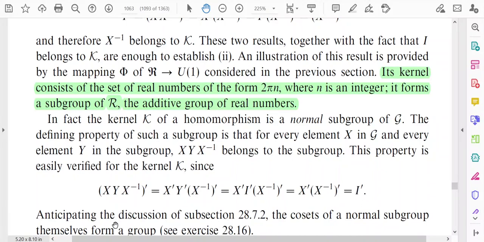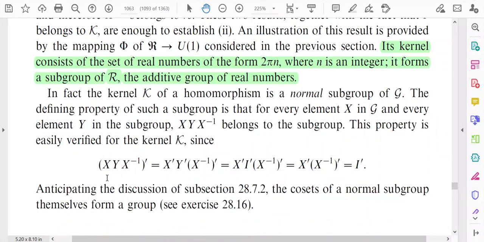As this is I prime, we can say that the product x y x inverse belongs to the kernel, I prime. So that means this holds, that is, x y x inverse belongs to the subgroup. So as this holds, we can say that the kernel K is a normal subgroup of G.